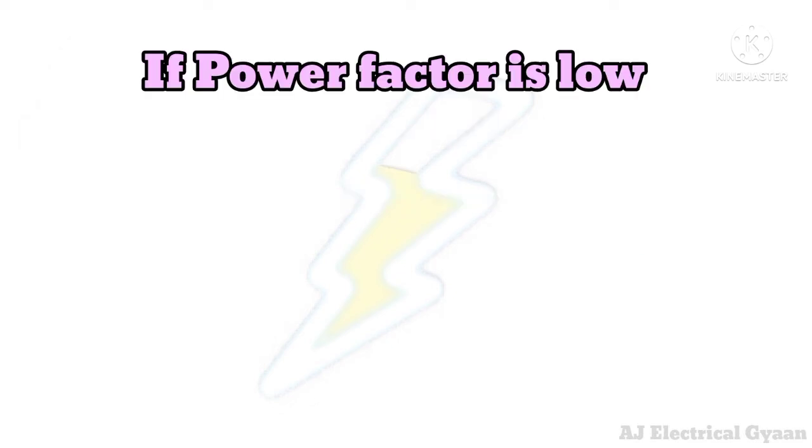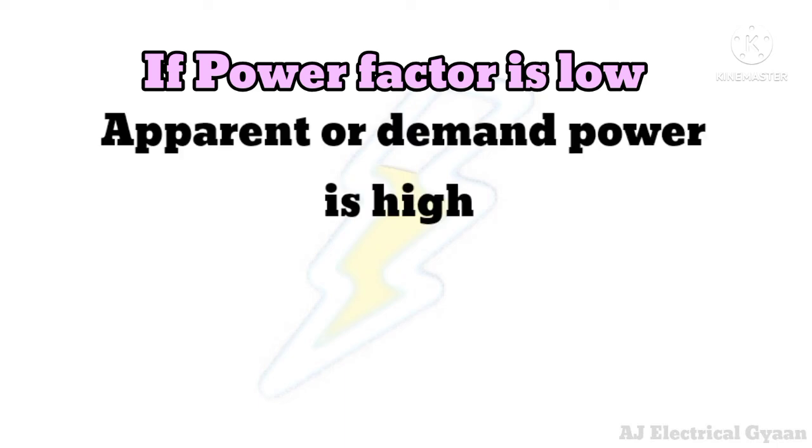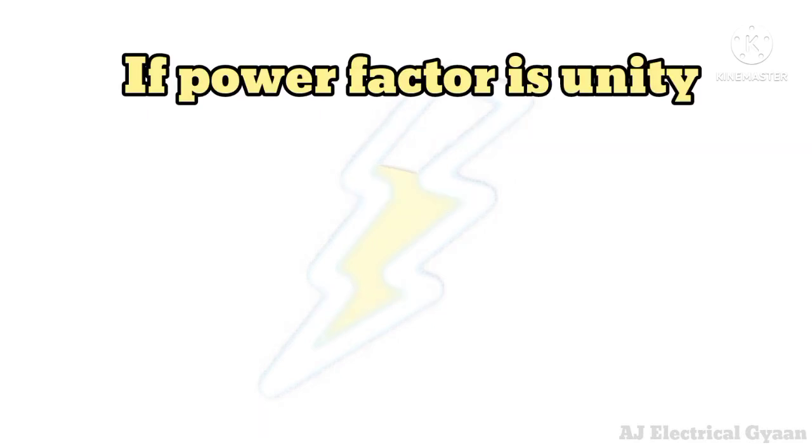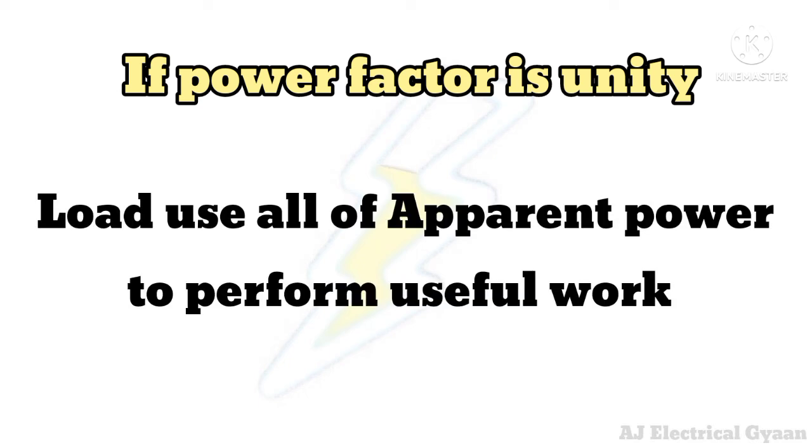If power factor is low, then the load demands more power but uses less power to perform useful work. If power factor is unity, then the load uses all of the demanded power to perform useful work.